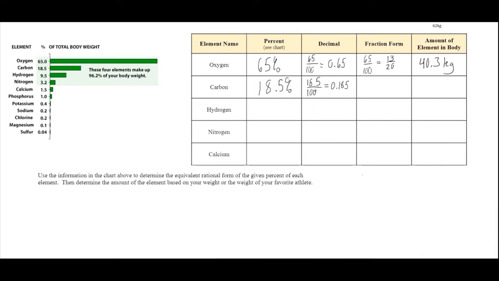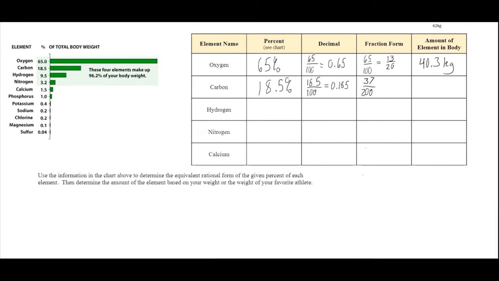The fractional form, because this is not a proper fraction with a decimal in the numerator, we multiply by 2. 18.5 times 2 is 37. 100 times 2 is 200. There is no common factor between 37 and 200, and so this is the answer for the fractional form.